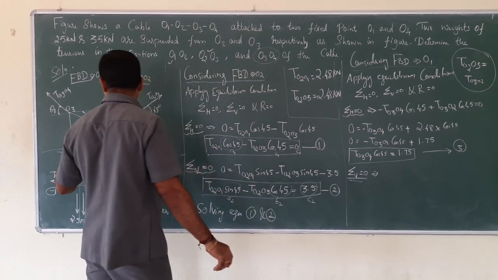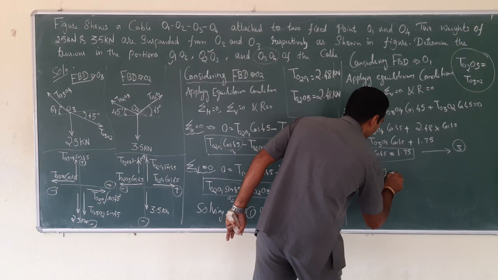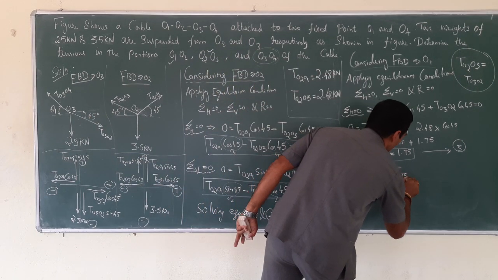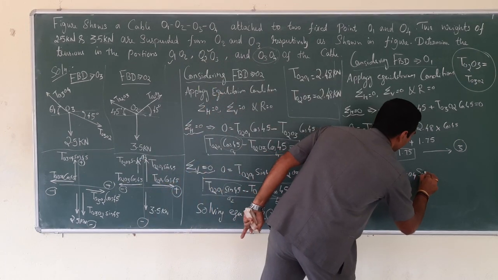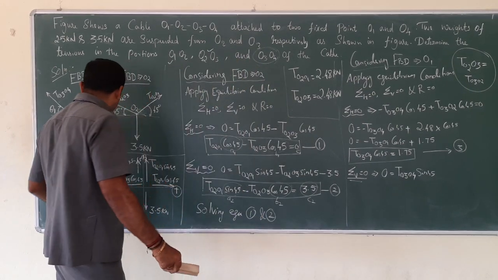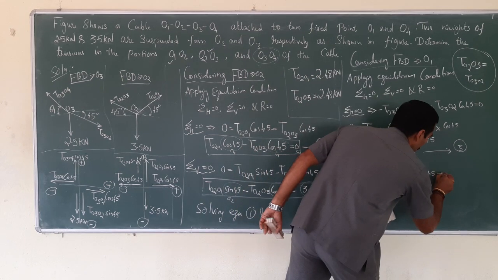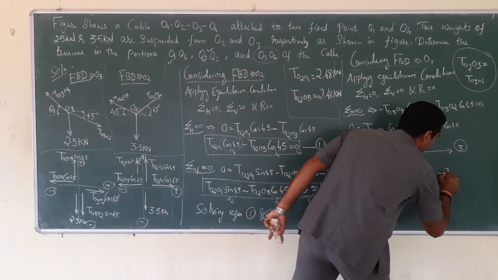So here, as far as the second quadrant is concerned, a force which is acting in the positive y direction, T O3 O4 sine 45. And in the second quadrant, I have a force which is acting in the minus y direction, of magnitude 2.5.